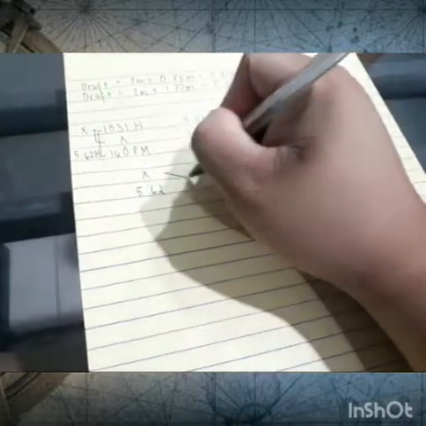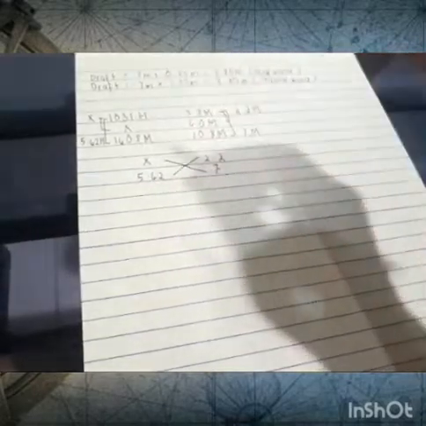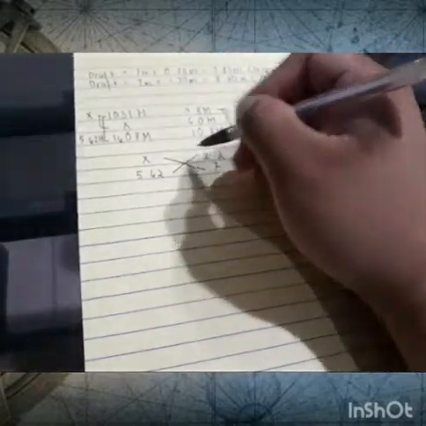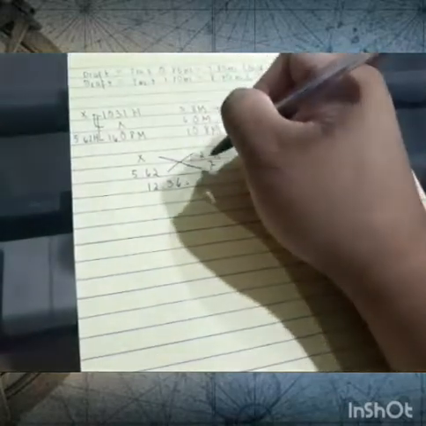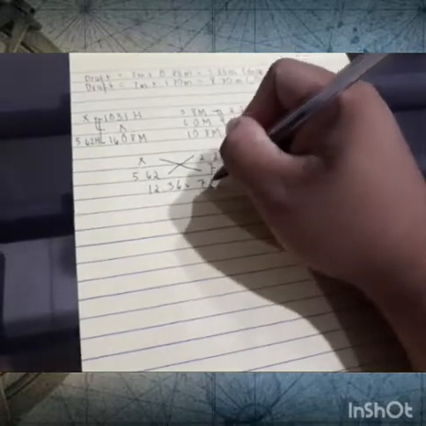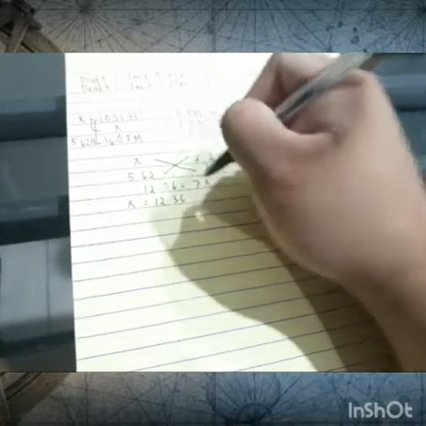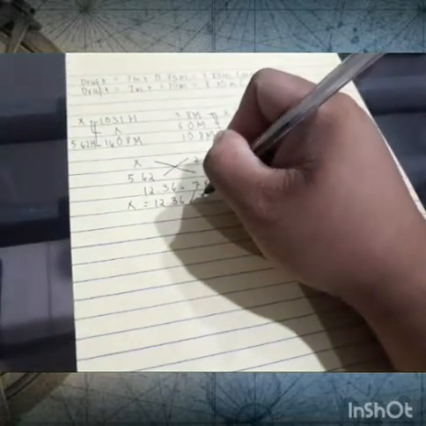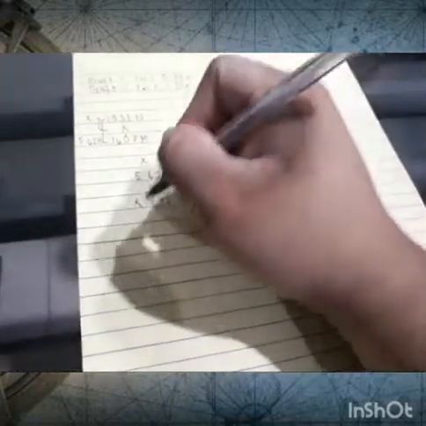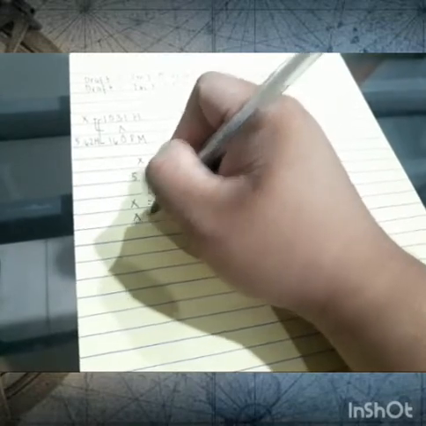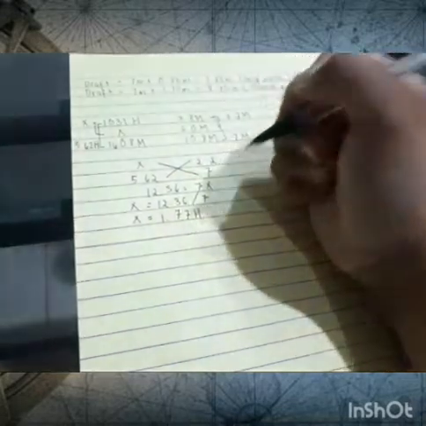So we're gonna perform a cross multiplication there. 5.62 times 2.2 is equal to 12.36. 7 times x, 7x. So 12.36 divided by 7. The answer will be 1.77 hours.